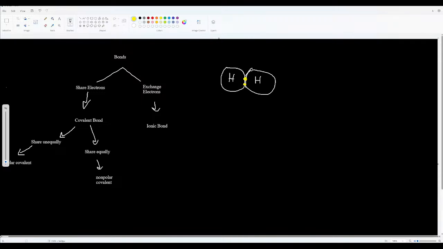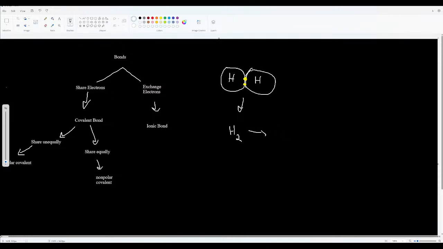So now we call this H2, hydrogen with a little subscript 2. Hydrogen gas. That's what this is. So when you light hydrogen gas on fire, because this is highly flammable, we just get water.